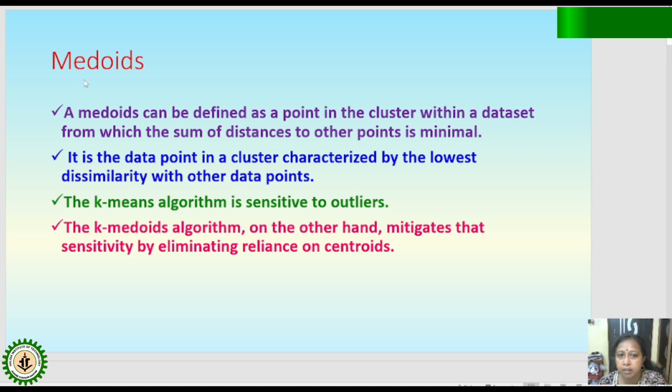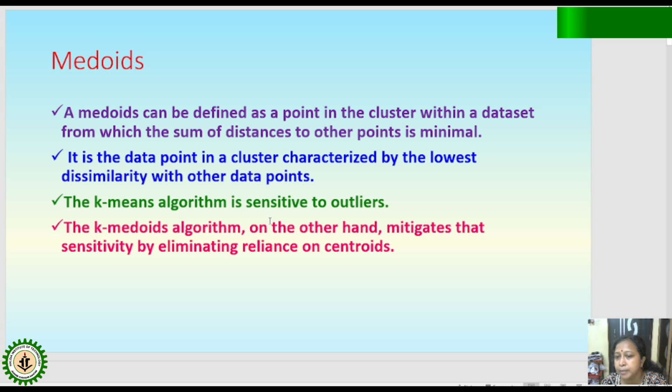Now, what is a medoid? A medoid can be defined as a point in the cluster within a dataset from which the sum of distances to other points is minimal.